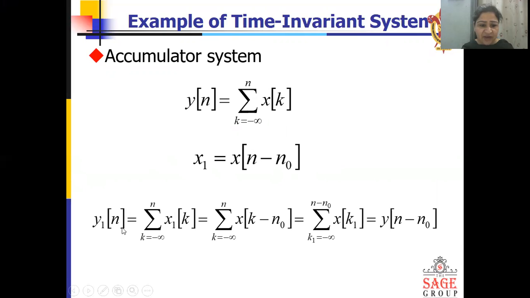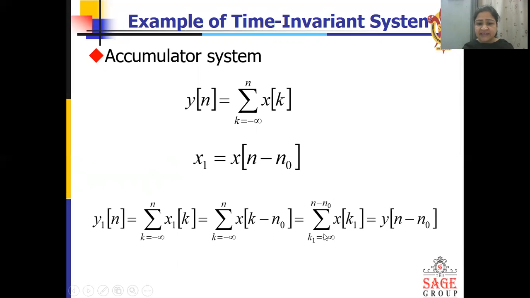Now in that case, y1[n] will be the summation, k equal to minus infinity to n, of x1[k], where x1[k] will be written as x[k minus n naught]. Say I'll substitute k minus n naught as, say, k1.